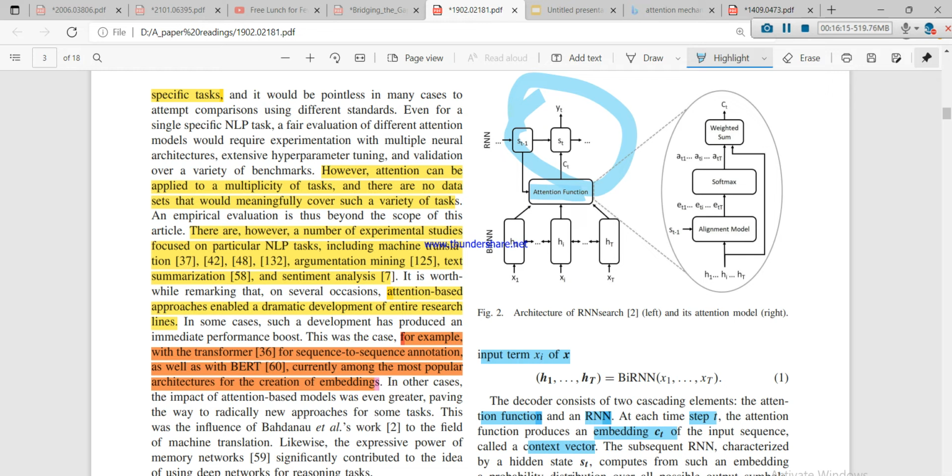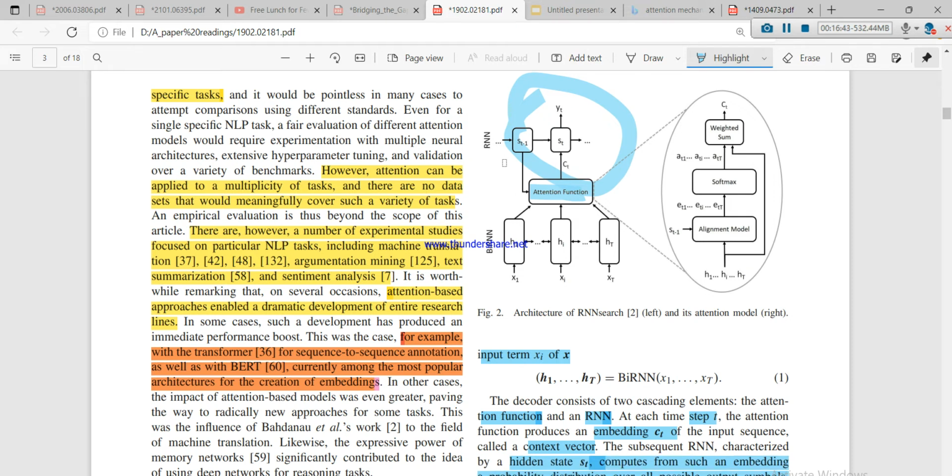The subsequent RNN is characterized by the hidden state st. What is st? st is the hidden state. The RNN computes from such an embedding a probability distribution over the possible output symbols, pointing to the most probable symbol.